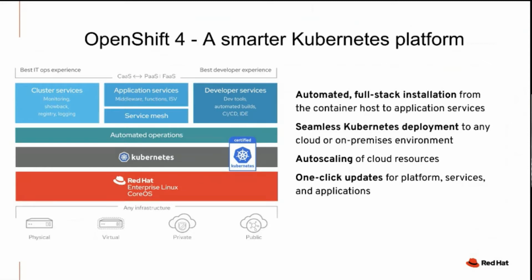Operators are basically a method of deploying, packaging, and managing Kubernetes applications. OpenShift 4 offers repeatability of installation and upgrade, over-the-air updates for OpenShift components, seamless deployment onto any cloud or on-prem, and auto-scaling of cloud resources.